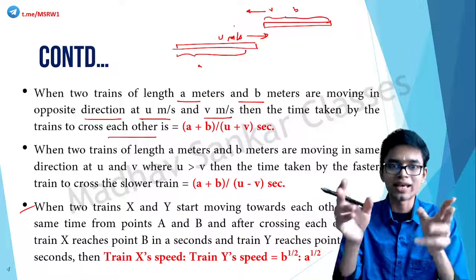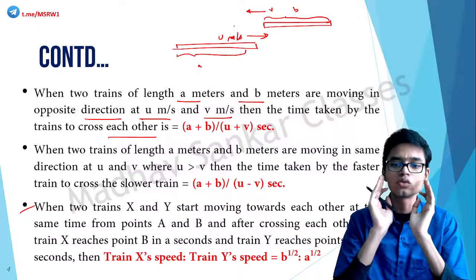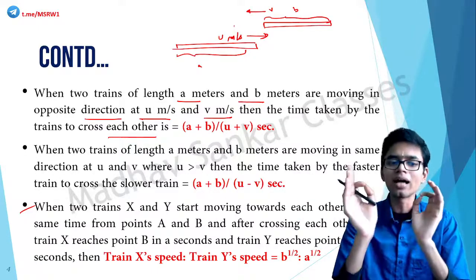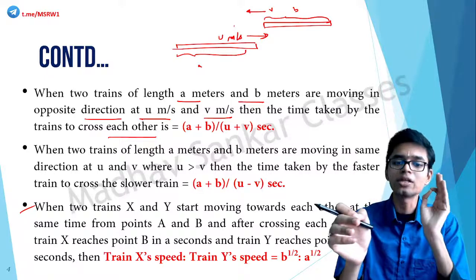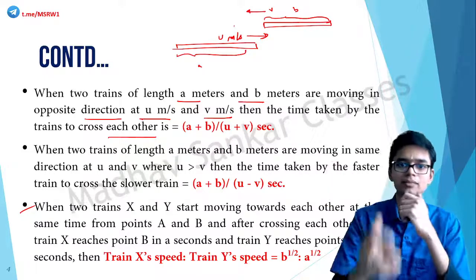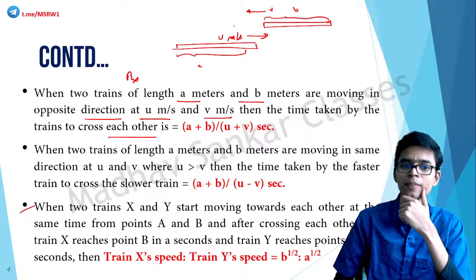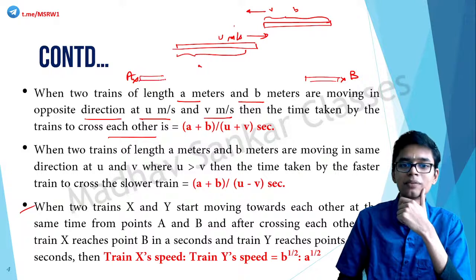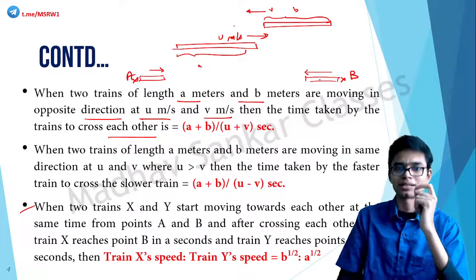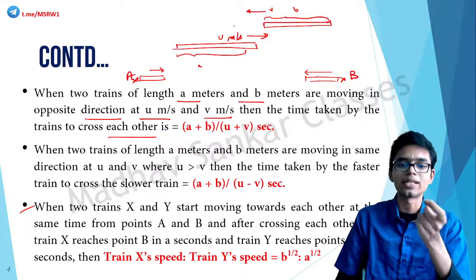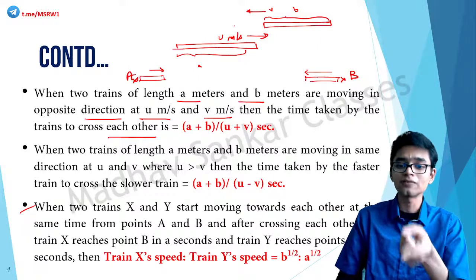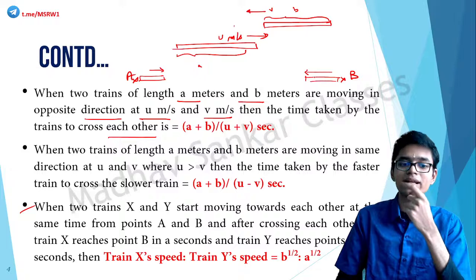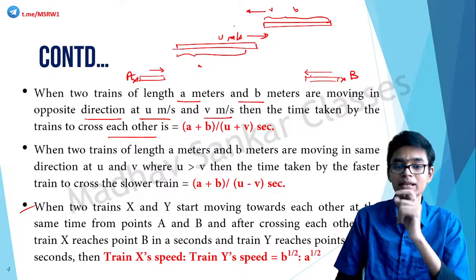When two trains X and Y start moving towards each other at the same time from point A and point B. Here it is point A, and here it is point B, and here there is one train, and here another train. Both of them started moving towards each other at the exact same time. After crossing each other, train X reaches point B in a seconds.